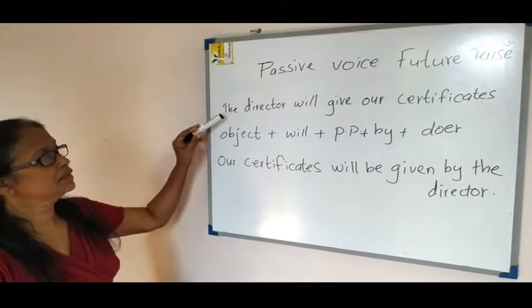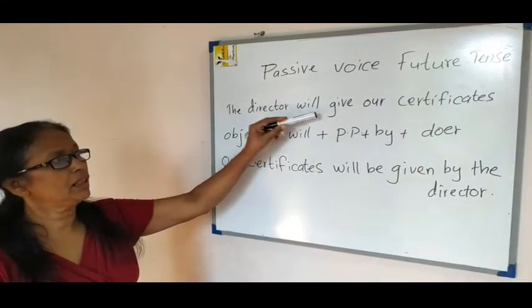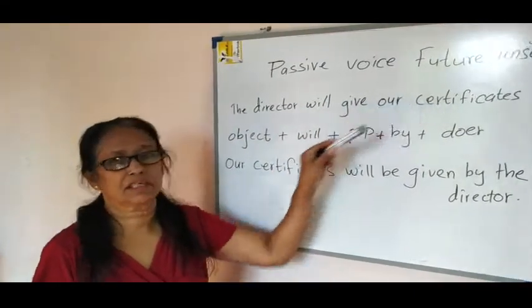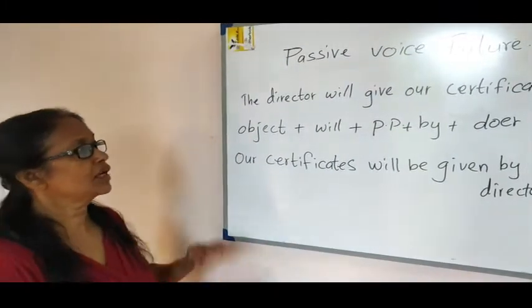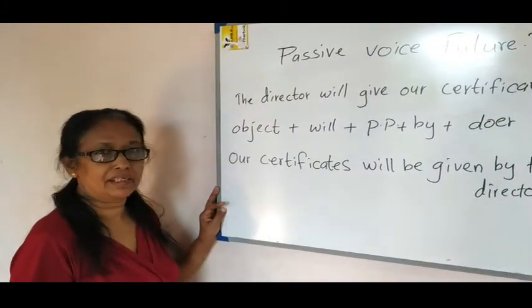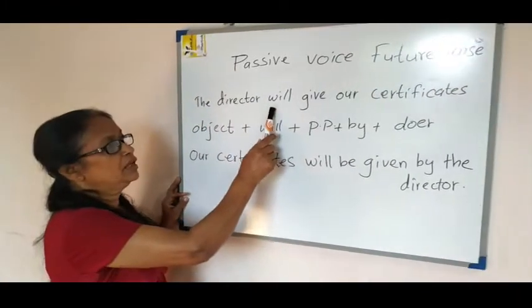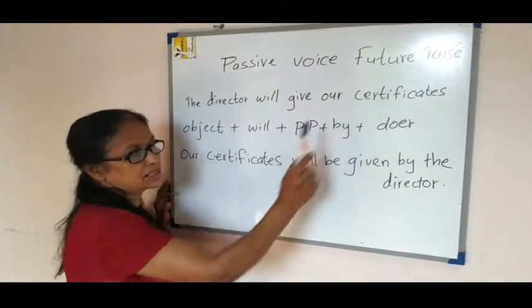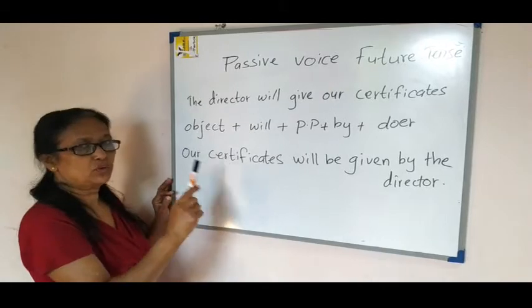I wrote here, the director will give our certificates. Okay, now you can, the director, that is nice. The director will give our certificates. You know how to turn it.